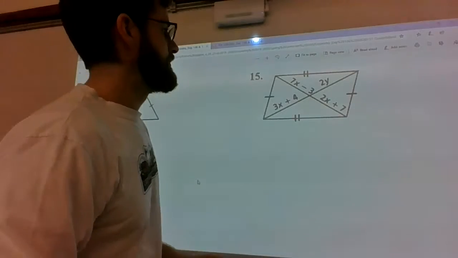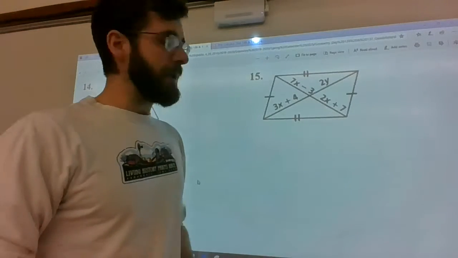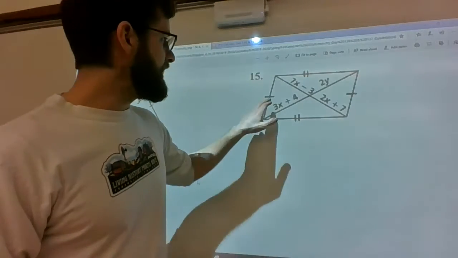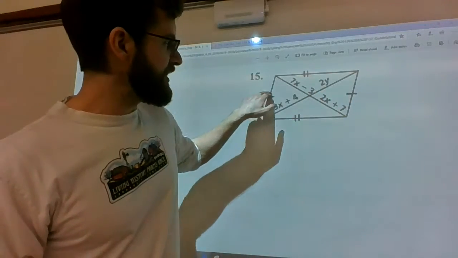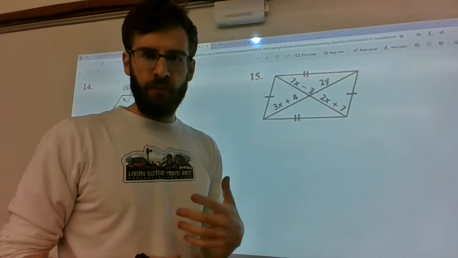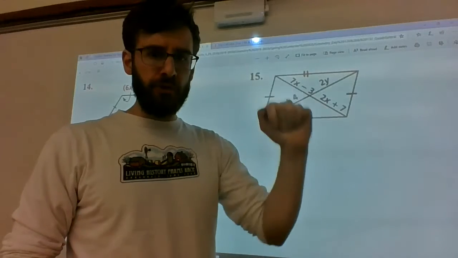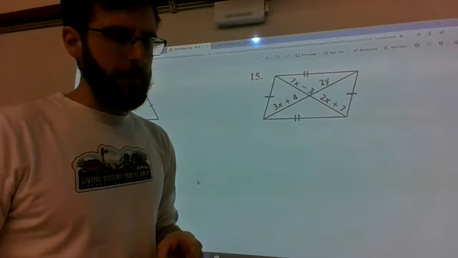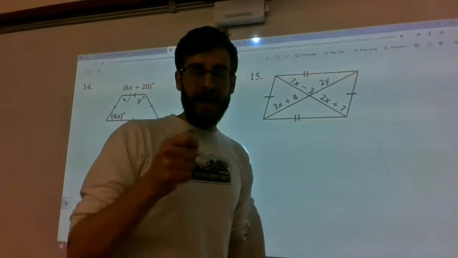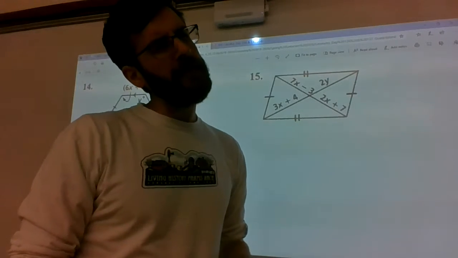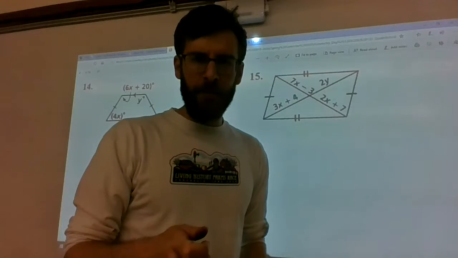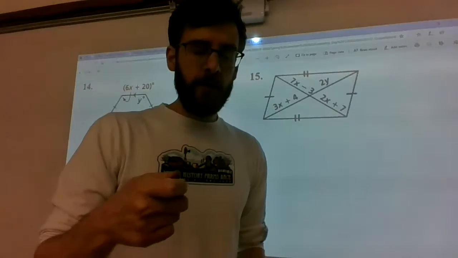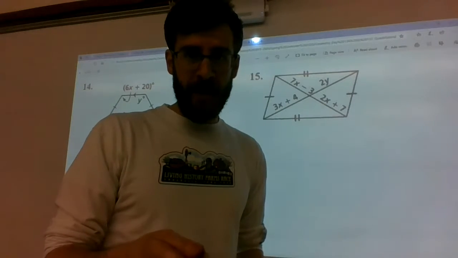Number 15. Okay. So we know we have a parallelogram because the opposite sides are given to us as congruent. That's one of those, if you've got that, you know you have a parallelogram. Well, here's one thing we haven't talked too much about. Diagonal bisectors is a true characteristic of parallelograms.